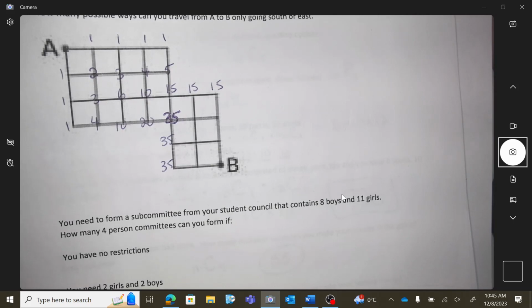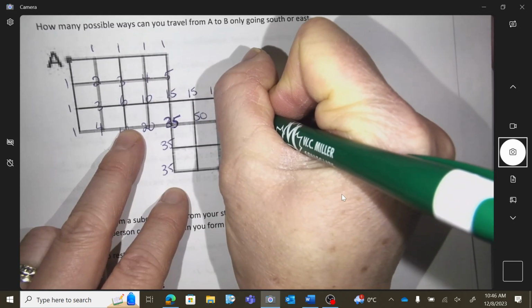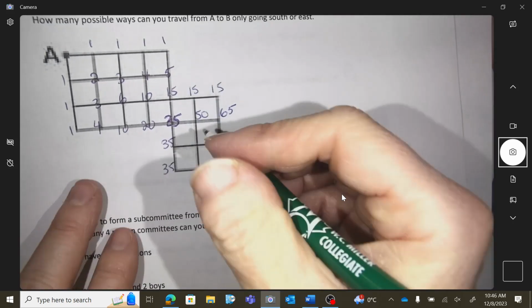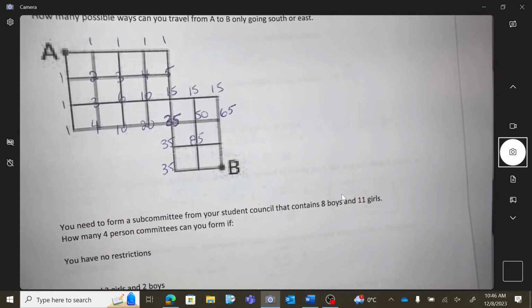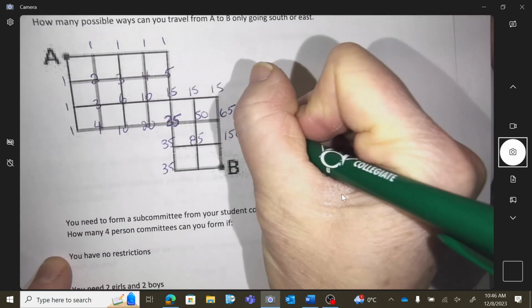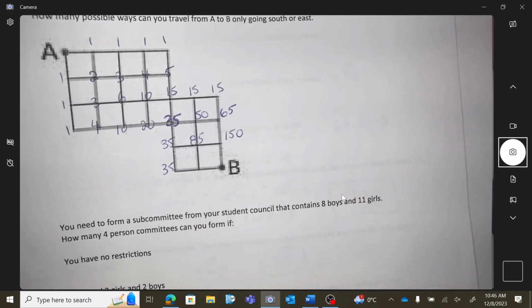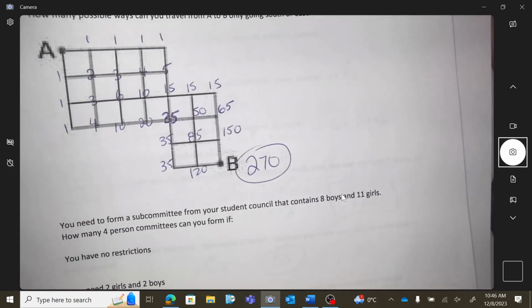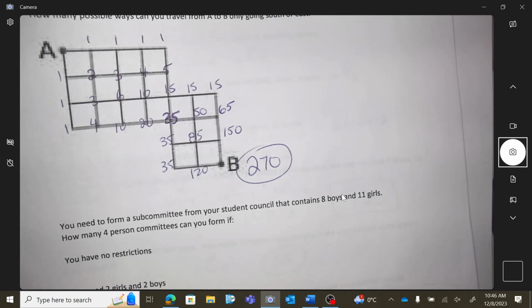Okay, and then continue your adding pattern. Good, 270?